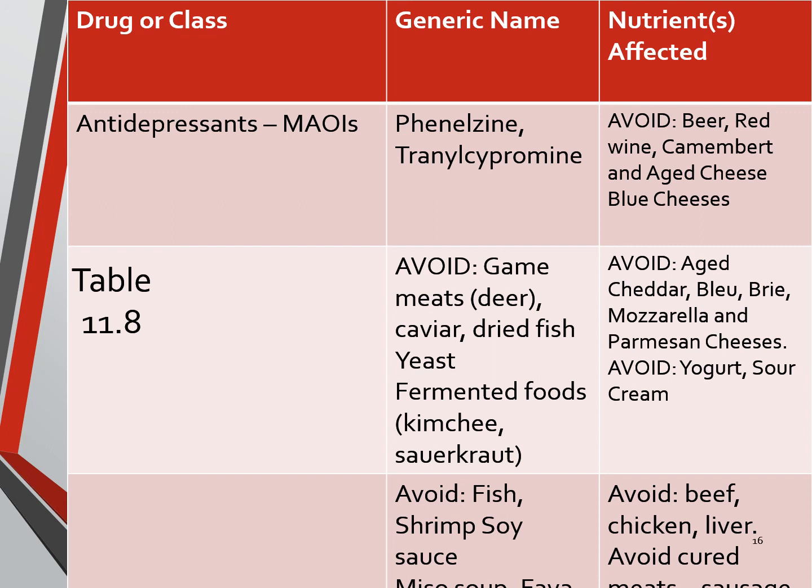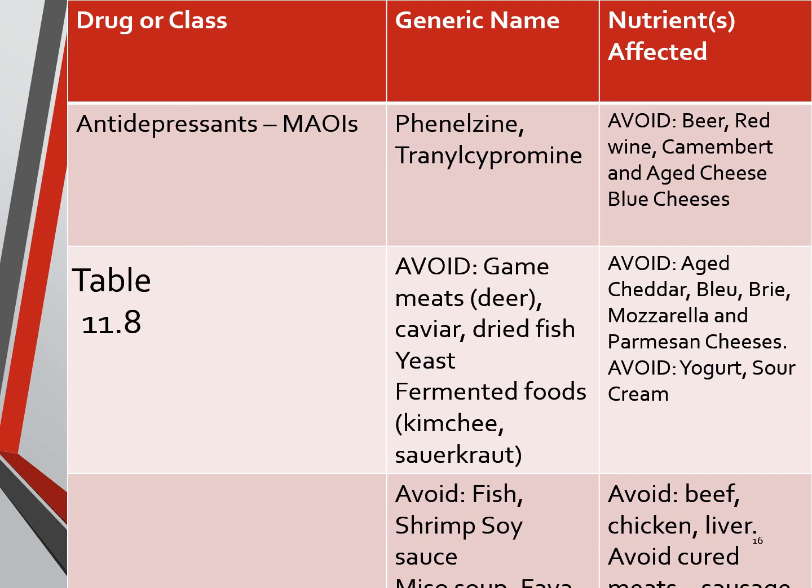So any patient on MAOIs, you're instructing them to avoid beer, red wine, any semi-soft cheeses, so Camembert, aged cheeses, blue cheeses, those are all those soft, semi-soft cheeses. Also, you want to avoid aged cheese, blue cheese, brie cheese, mozzarella and Parmesan cheese, yogurt, sour cream.